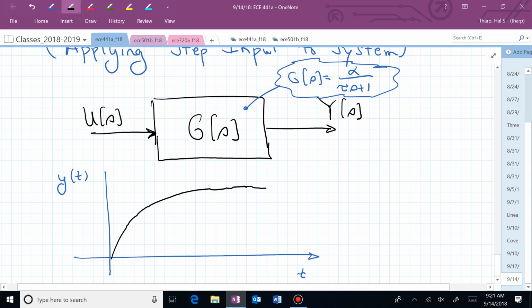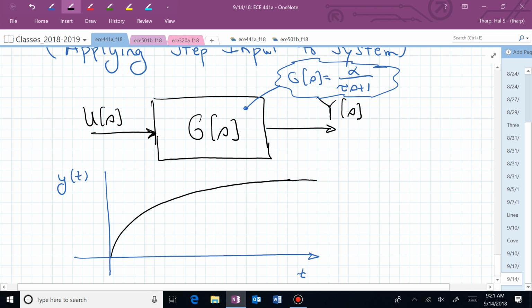I guess I didn't give you the A, B, C, D, did I? Anyway. Here's y of t, and it's not supposed to be so jagged at the end. You guys threw me off with that cheer. Let me try again. But something like that. And what are we looking at?